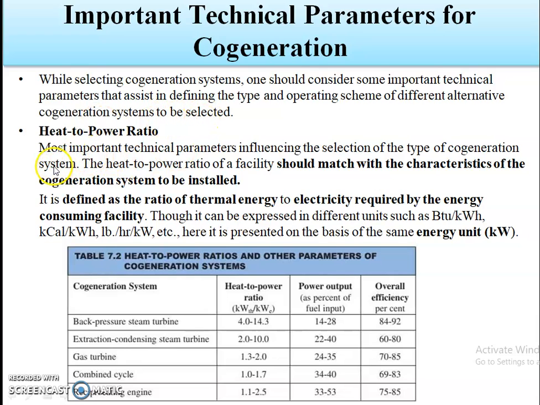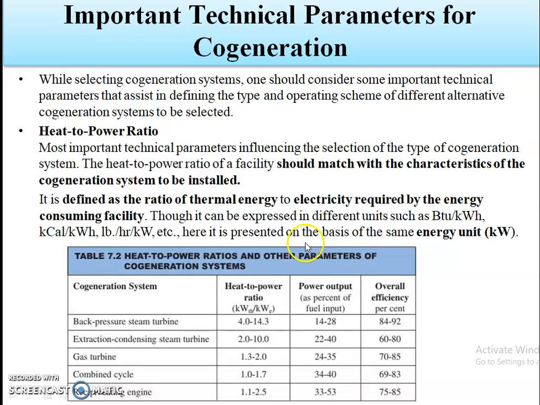Heat to power ratio is the most important technical parameter influencing the selection of the type of cogeneration system. The heat to power ratio of the facility should match with the characteristics of the cogeneration system to be installed. We define it as the ratio of thermal energy to electricity required by the energy-consuming facilities.